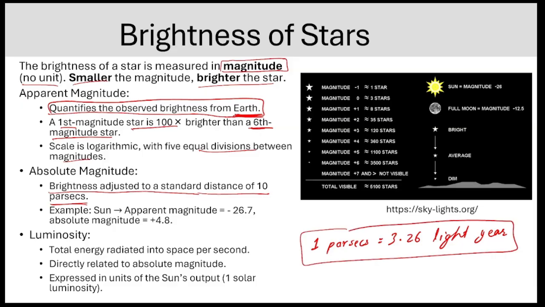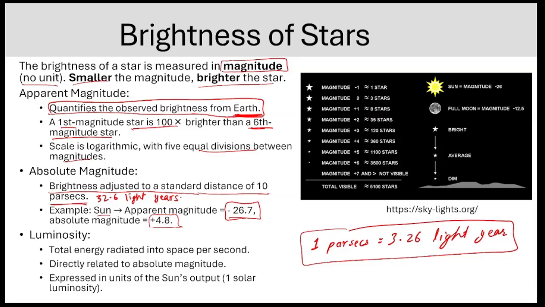So basically we can say it is brightness adjusted to a standard distance of 32.6 light years. For example, here we can see the sun's apparent magnitude is minus 26.7 and absolute magnitude is 4.8.